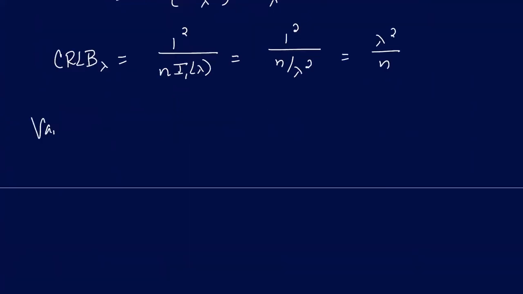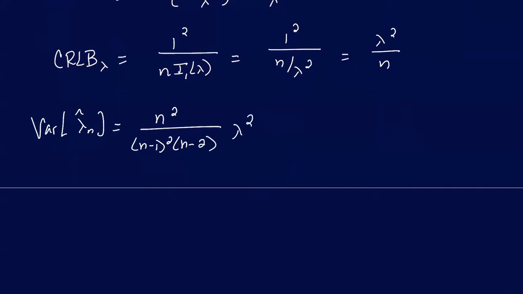The variance of our MLE estimator was n squared over (n minus 1) squared (n minus 2) times lambda squared. And we want to compare that to lambda squared over n.